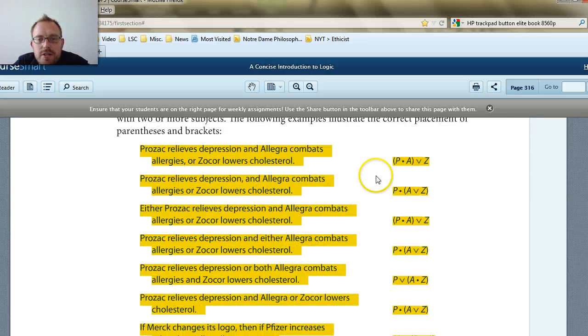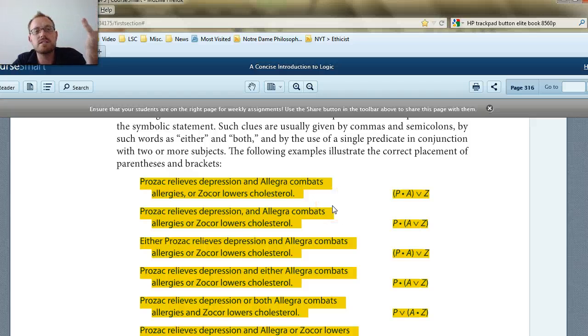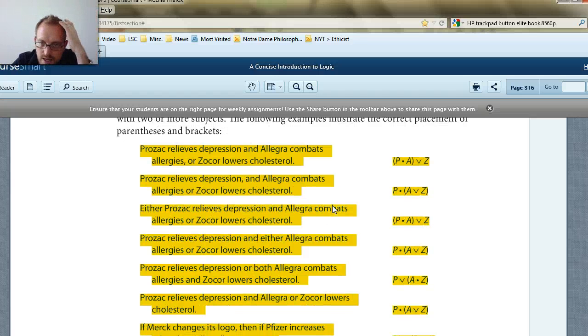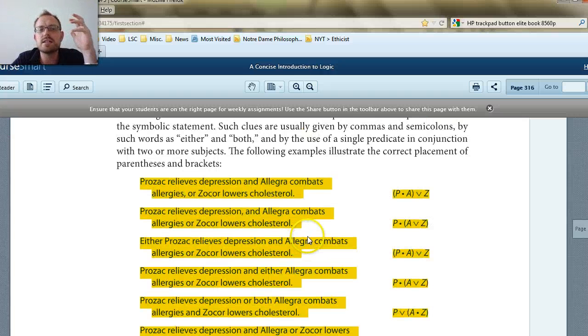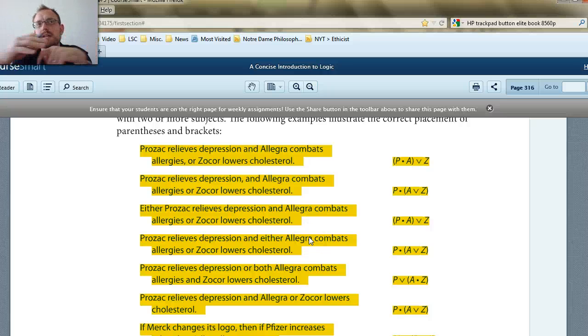What I want to show you here is that we have to be careful where we put our parentheses and our brackets. The language of how we use words like either and both can actually change how we symbolize it. So as you go through the translation exercises, you really should just do all of them, whether they're assigned to you or not, just so you can get a handle on it.